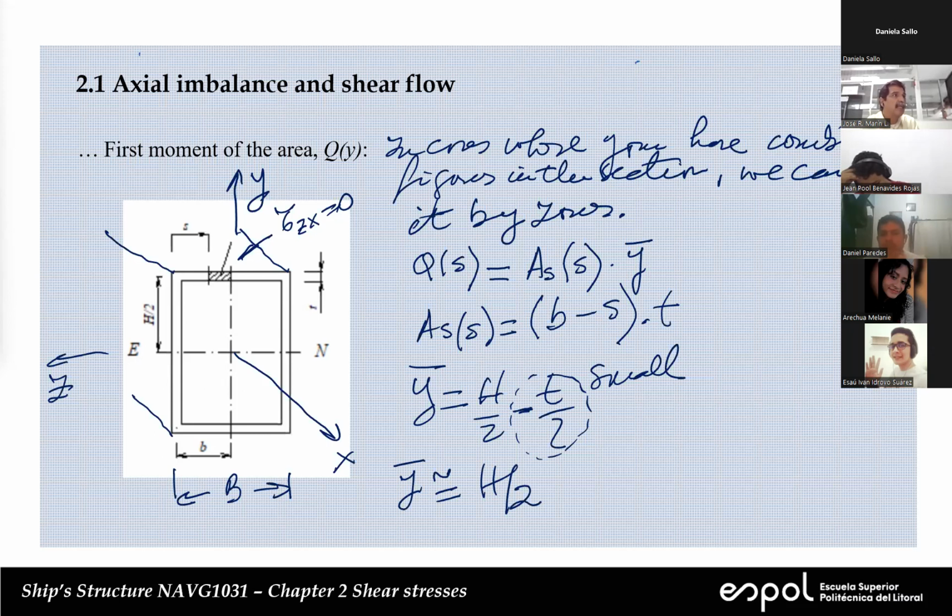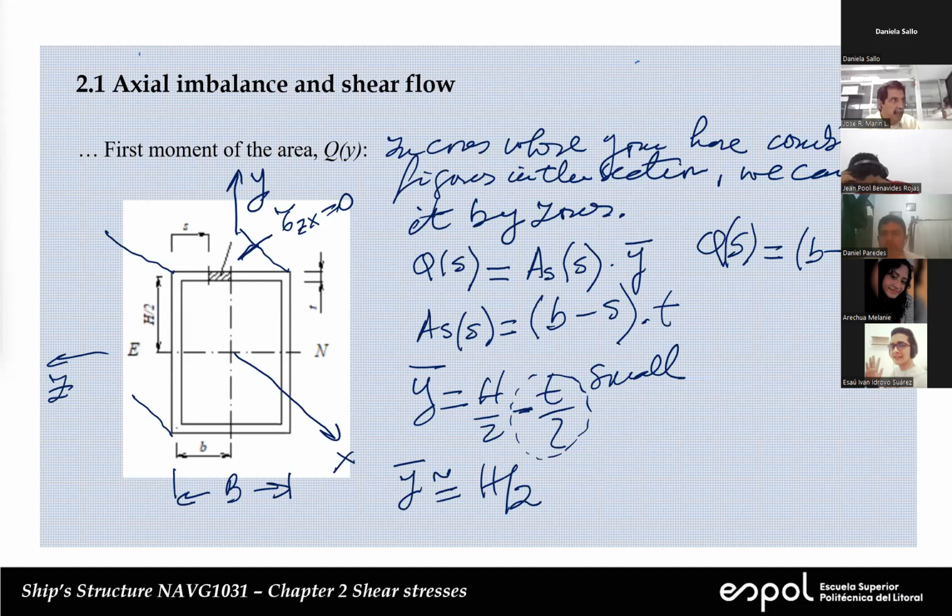So we can say immediately that Q of S is equal to this one here, (B minus S) T times H over 2. In these cases, it is possible, and some people like to define the sector simultaneously.